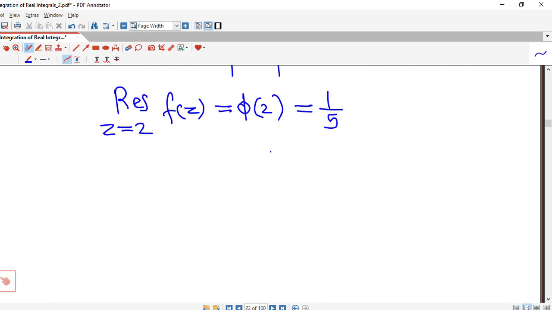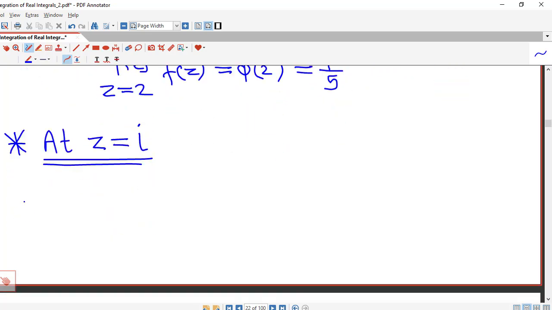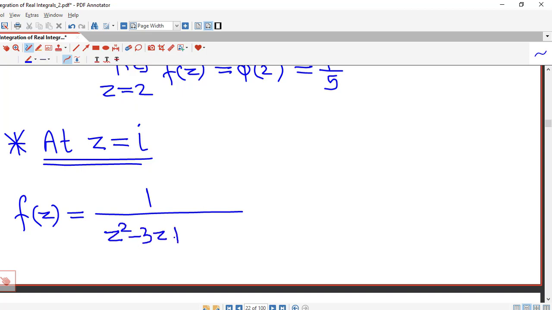Now we calculate residue of f of z at pole in the upper half plane, which is z equal to I. So now we try to calculate residue of f of z at z equal to I. So for that we require z minus I in the denominator. So we consider first our function is z square minus 3z plus 2 times z square plus 1.